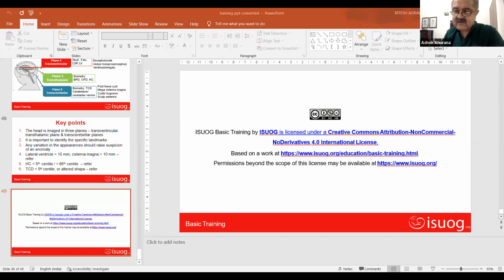You will realize that for every single one of these measurements, your machine actually gives you a centile. And if it doesn't give you a centile, all you have to do is to call in the applications expert, and they will make sure that when the figure is shown on your screen, the centile will also be shown on your screen.